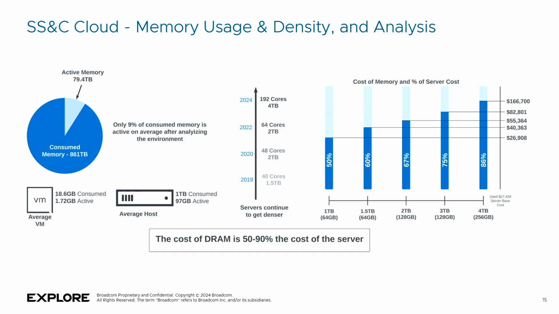And then you take that down a little bit deeper. That means my VMs at 18.6 gigs of consumed memory, just under 2 of that is actually active on average. And then I look at servers too. If I have a terabyte of memory consumed on a server, about 90 gigs of that is actually being used.